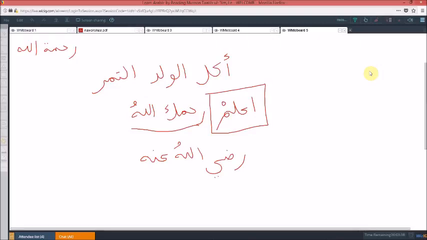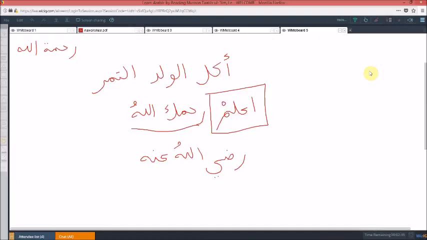I'lam, rahimakallah, that the nawaqid al-Islam, the nullifiers of Islam, are 10. I'lam, rahimakallah, that it's obligatory upon us to learn four issues. Know, may Allah have mercy on you, that it's obligatory upon us to know four issues.